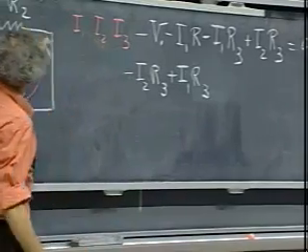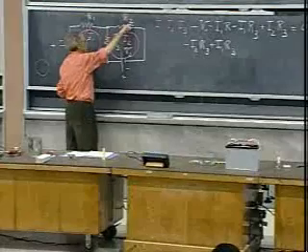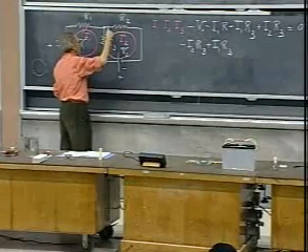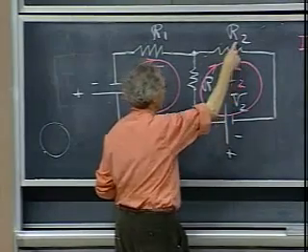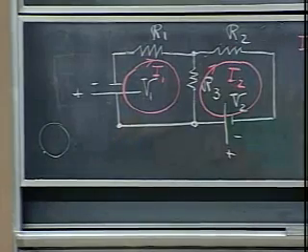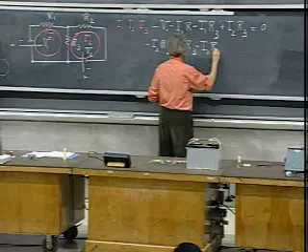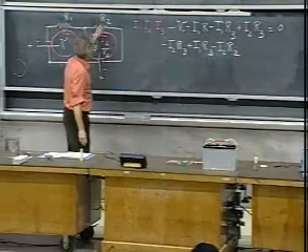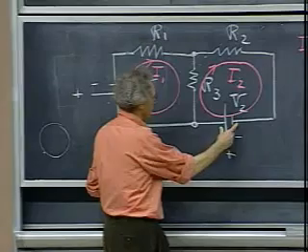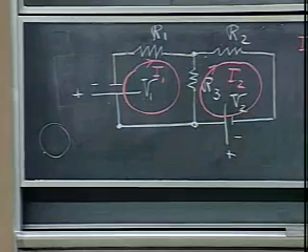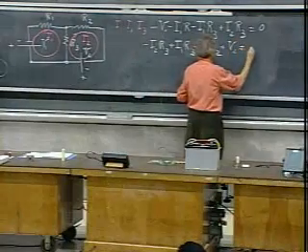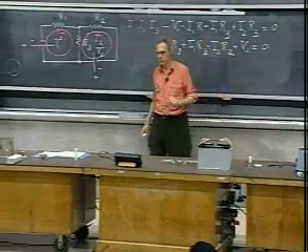Now I go through R2 in this direction. Current I2 is also in this direction, and so this must have a higher potential than this. So I go downhill in potential, so I have minus I2 times R2. I come down here, here's a battery, and it goes up in potential, so I get plus V2. And that's 0.